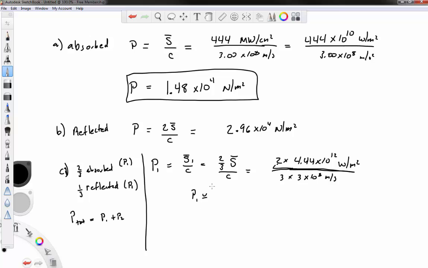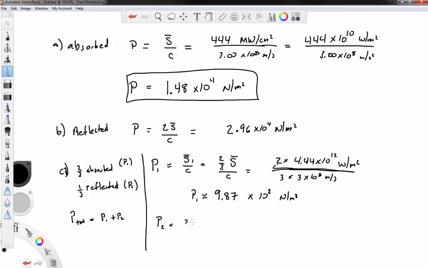And so P1 is going to be given by about 9.86666 repeating, so 9.87 times 10 to the 3 newtons per meter squared.